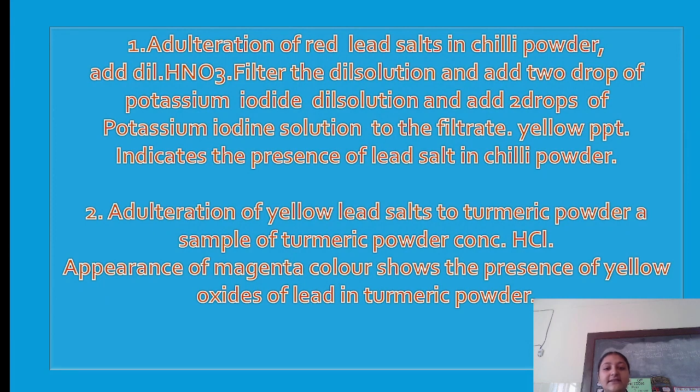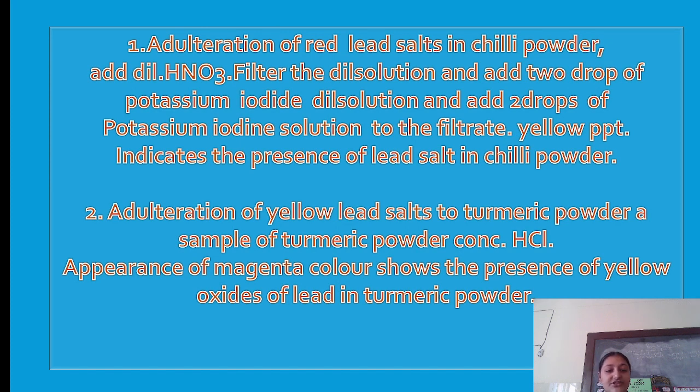Adulteration of red lead salts in chili powder: add dilute HNO3. Filter the solution and add 2 drops of potassium iodide solution to the filtrate. Yellow precipitate indicates the presence of lead salt in chili powder.